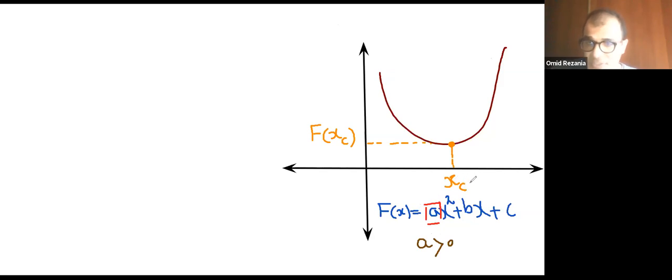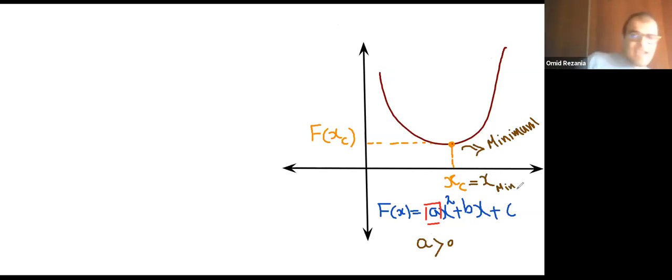Then you see that the critical point that you get acts as the lower level of your graph, which we call a minimum point. Then x of critical point is essentially x of min. We also had the opposite one.